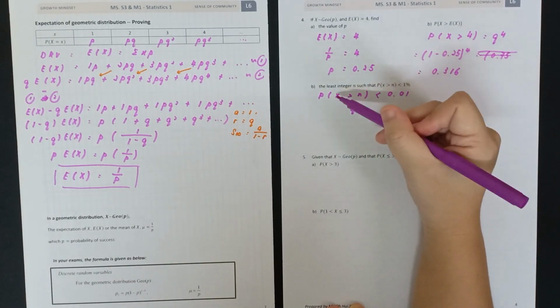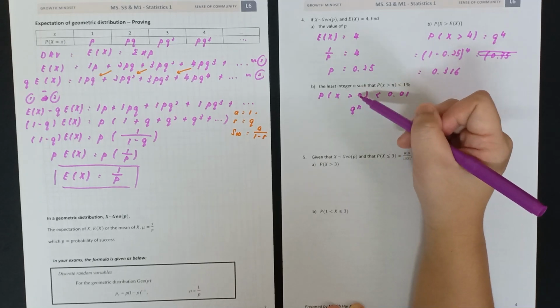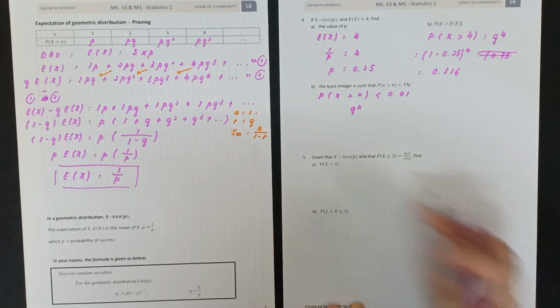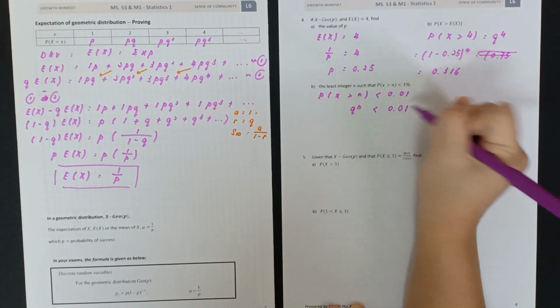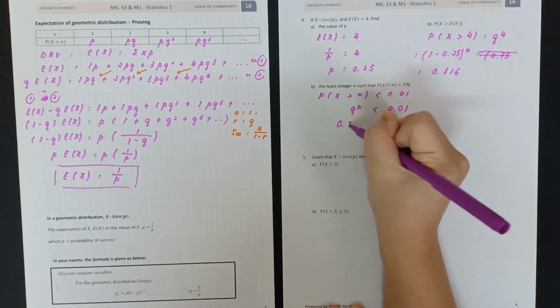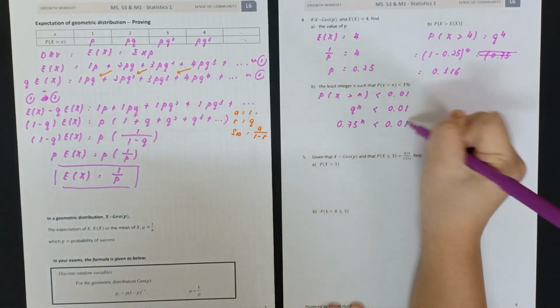The number of trials needed to get my first success is greater than n, meaning before the n-th time I get failure every time, so that's why Q^n is smaller than 0.01. My Q here is 0.75, so 0.75^n is smaller than 0.01.